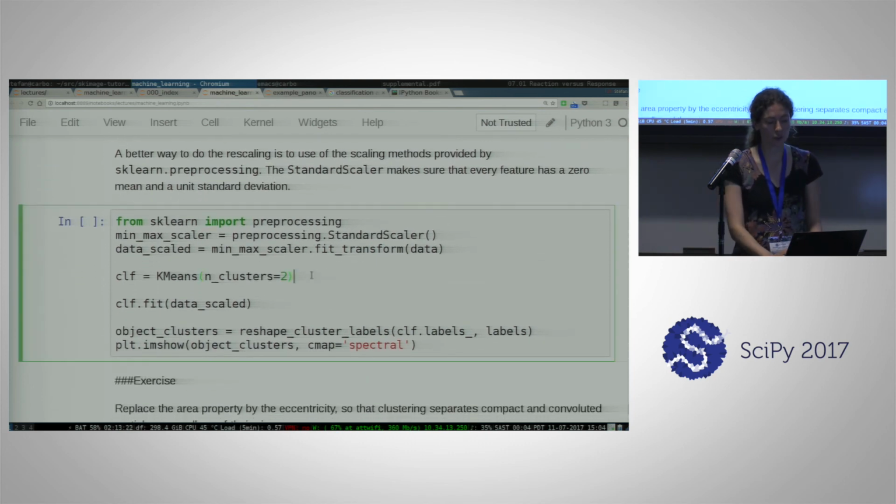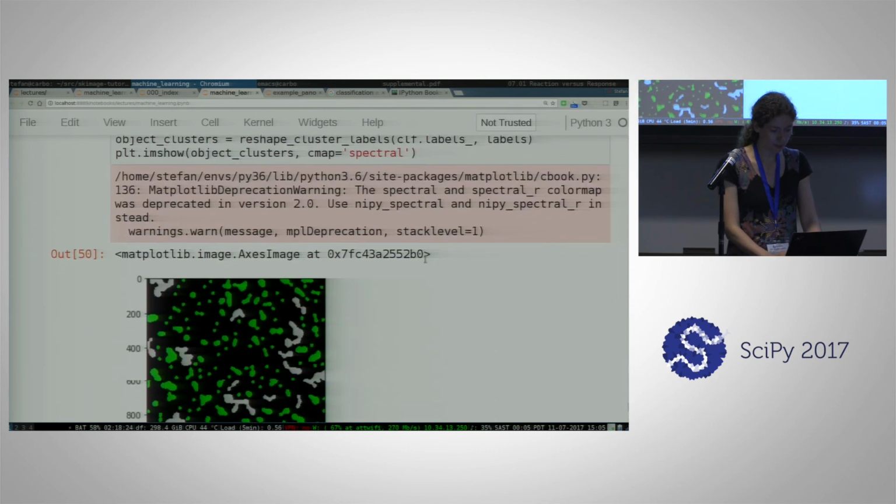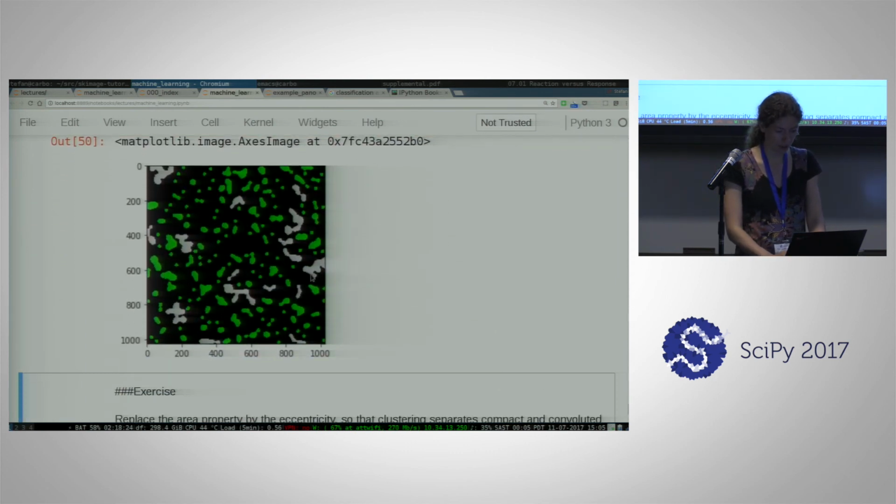I would advise to use this standard scaler on your data so that it makes sure that all the features have the same importance. And as you can see, the long convoluted objects are starting to be better distinguished from the compact ones.